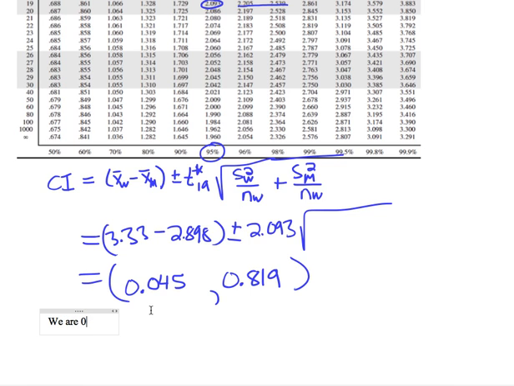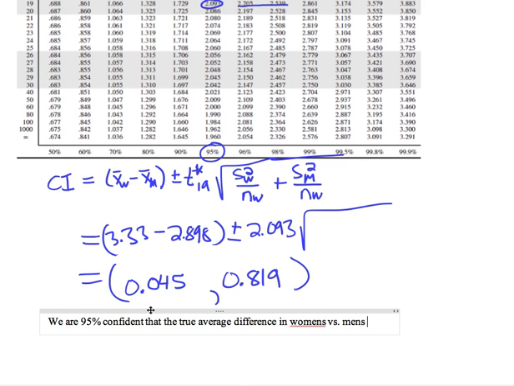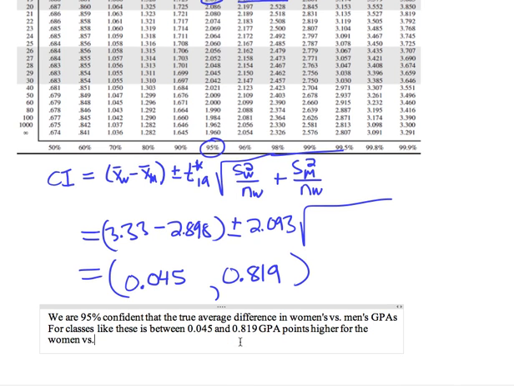We are 95% confident that the true mean or true average difference in women's versus men's GPA for classes like these is between 0.045 and 0.819 GPA points higher for the women versus the men.